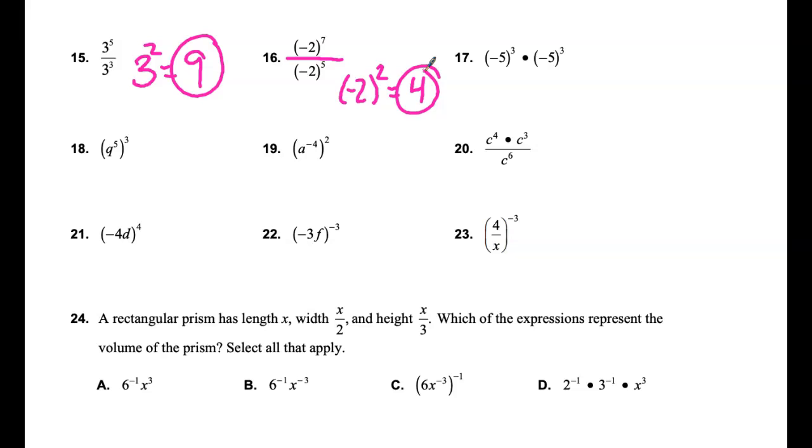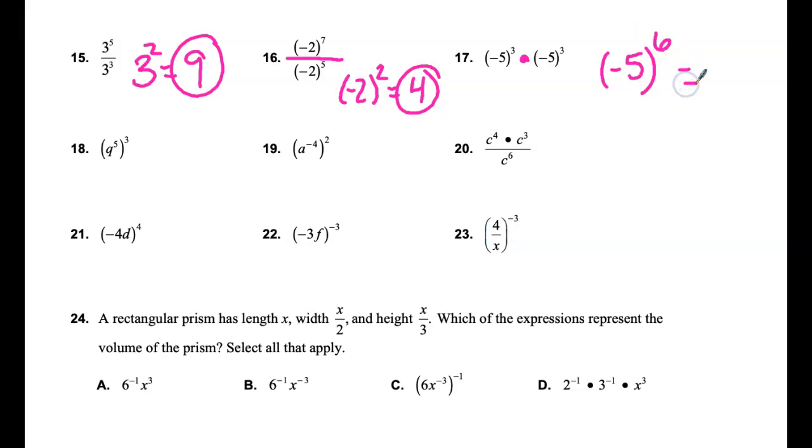What's the rule on 17, Jaden? What do I do with them? No? I add it because this is multiplication, so it's the product. So it'd be negative 5 to the 6th.